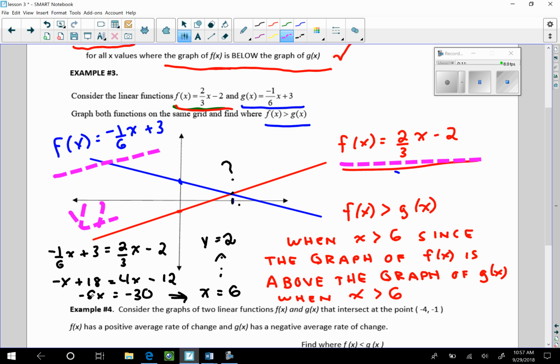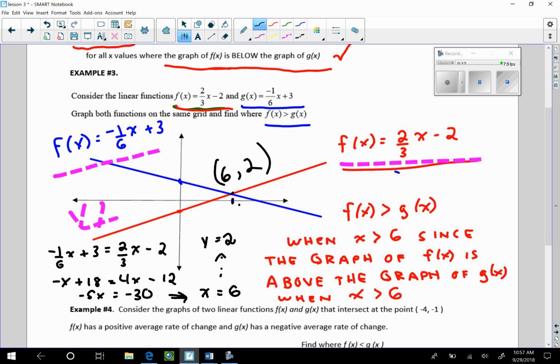I multiplied both sides by 6 and cleared the fractions. I got negative x plus 18 equals 4x minus 12, negative 5x is equal to negative 30, and that says that x is equal to 6. And that's where I got this point 6 comma 2. I could put 6 into either equation, and that's going to give me the same y value. So this point right here is 6 comma 2.